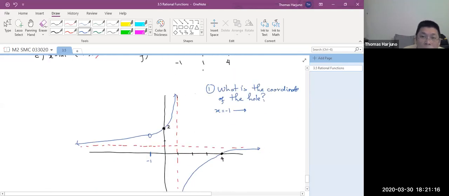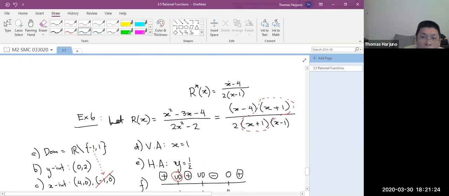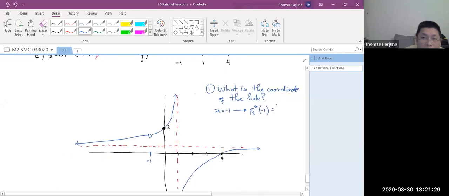So if I want to find the coordinate of the hole, then it would be r star of -1 equals, what's that again? x minus 4 over 2 times x minus 1. That's -5 over -4, that's 5 over 4.